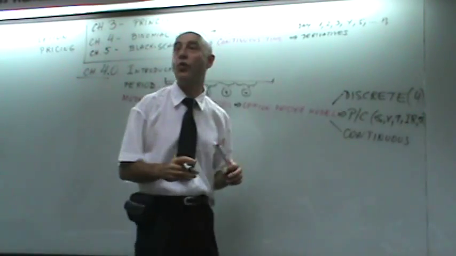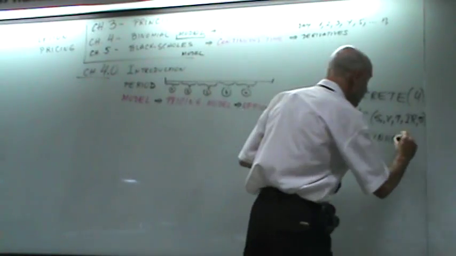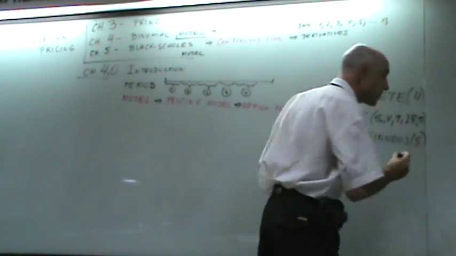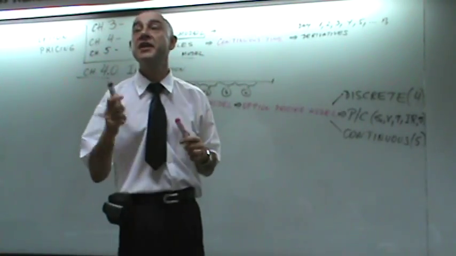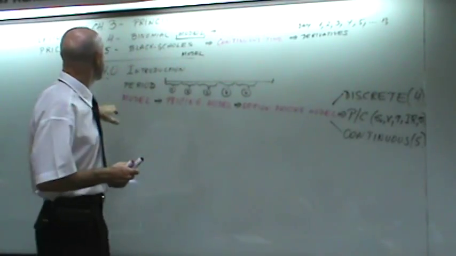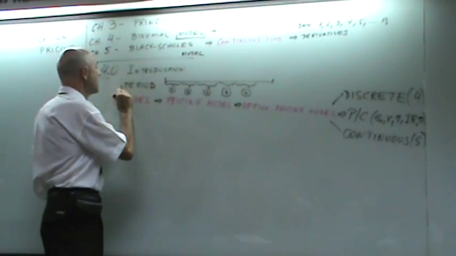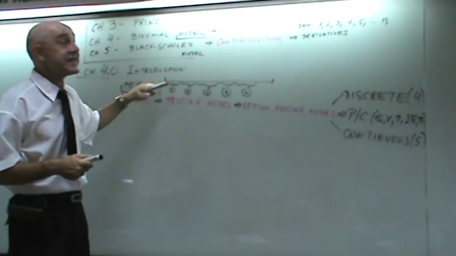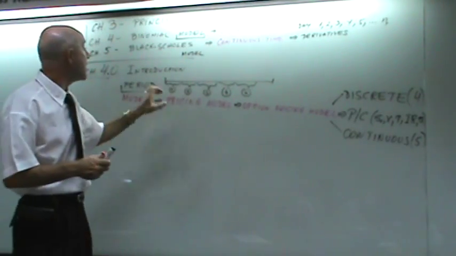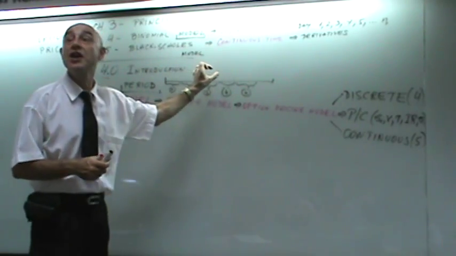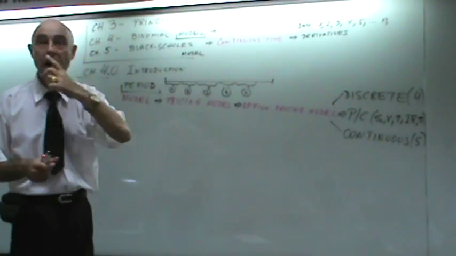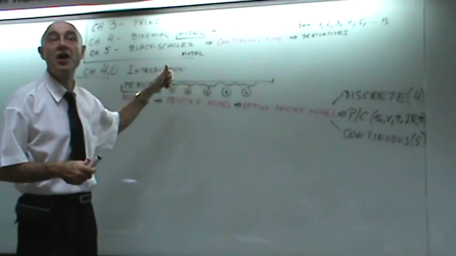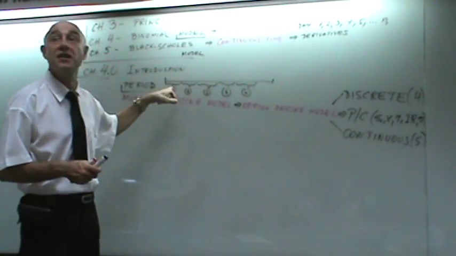Discrete is chapter 4, doing now. Continuous is chapter 5, doing next time. The foundation of a discrete model is the period, separating time into separate units of time, which we regard as a unit, as a period.